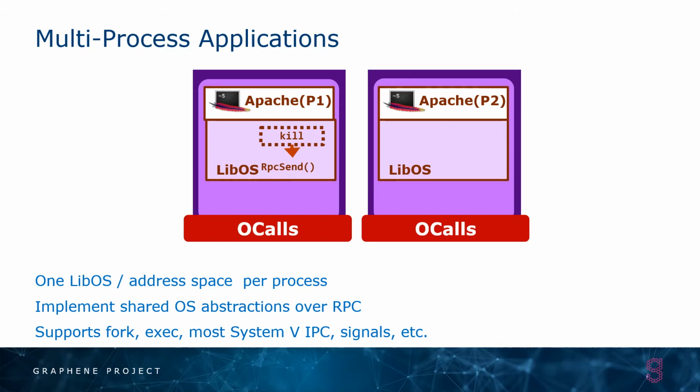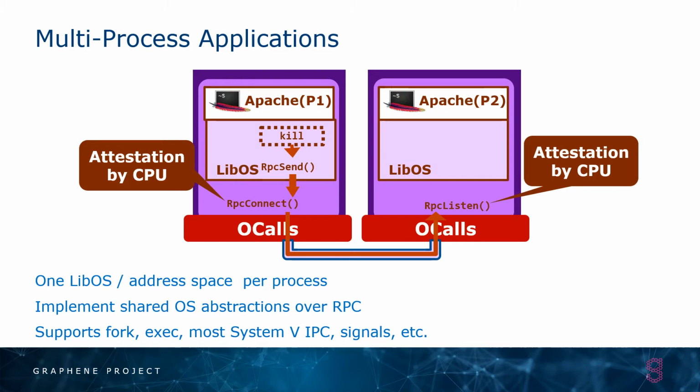For instance, if Apache wishes to issue a signal to the other process, it creates a remote procedure call using a secure channel that's bootstrapped in part by CPU attestation and key exchange, and this channel is secured. We support Unix abstractions including fork, exec, most System V IPC, and signals, again, all in user space and without any assumptions about shared memory between these enclaves.